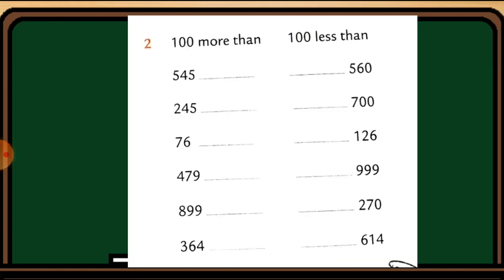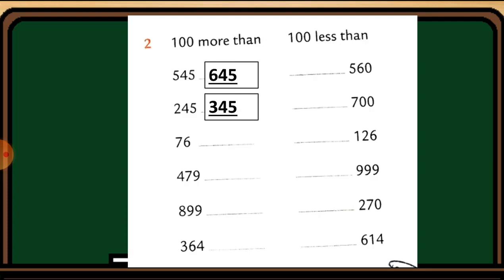Here now is the exercise of the hundreds. In the first column we have to add 100, and in the second column we have to cut 100. Let's see. First 645, next one 245, and the answer is 345.